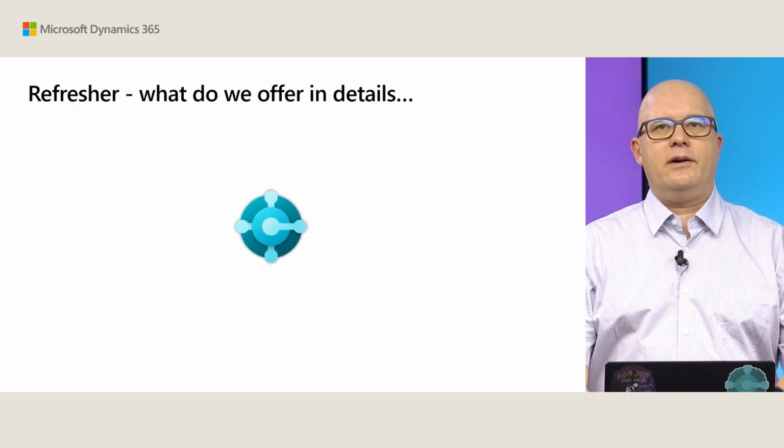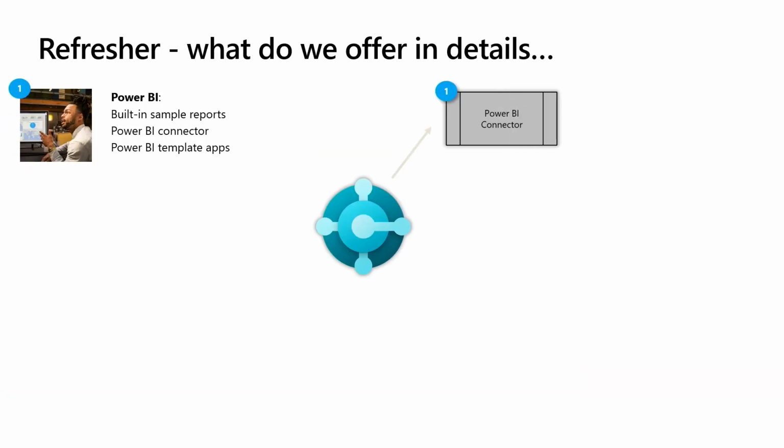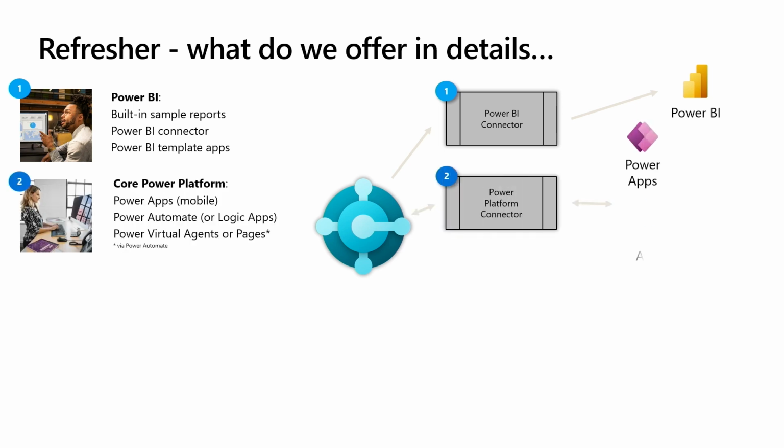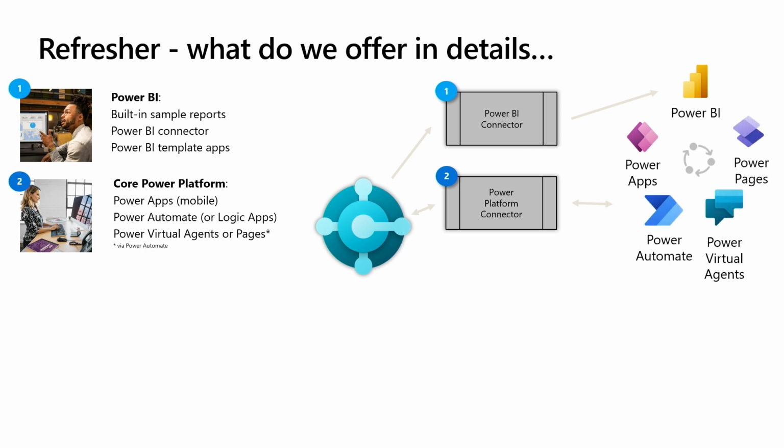Business Central is very well connected with all of those tools. For Power BI, we have our own reports, we have some apps, and of course our connector. And for the rest of Power Platform family, we have our Power Platform connector, which is the central piece, and we will be talking about that today.